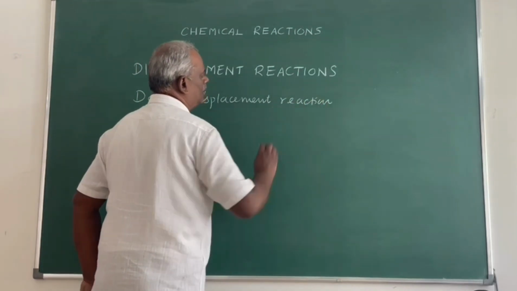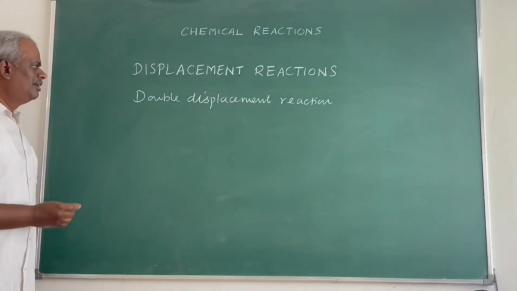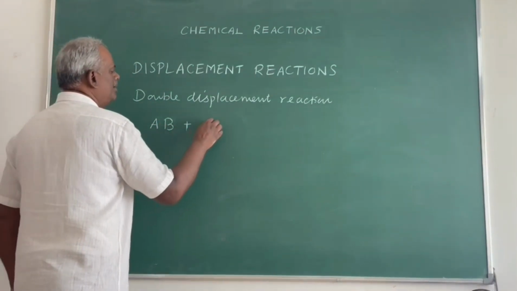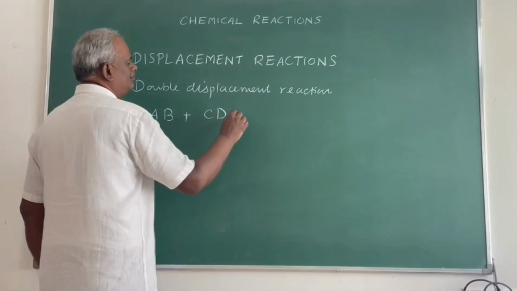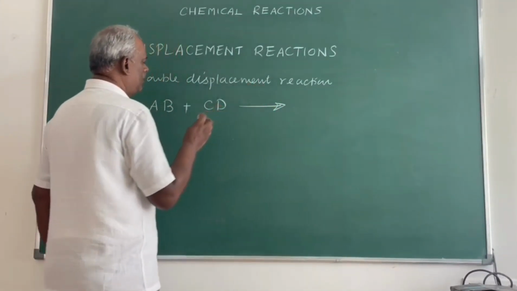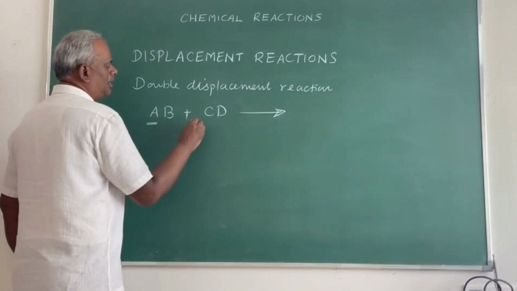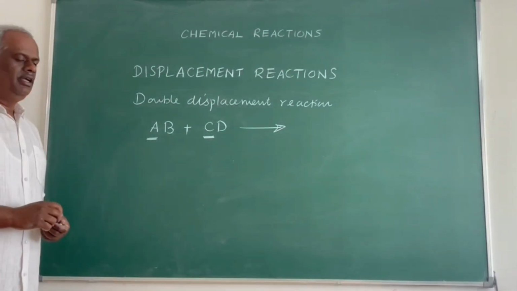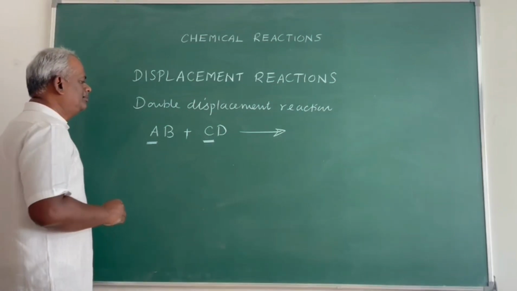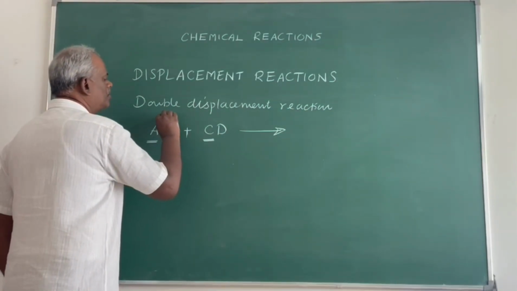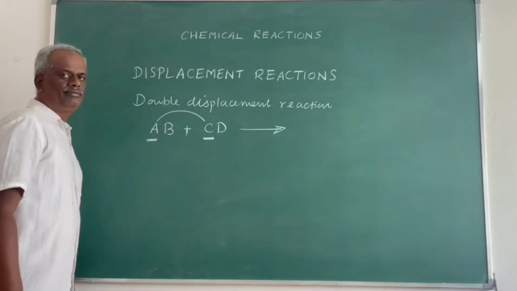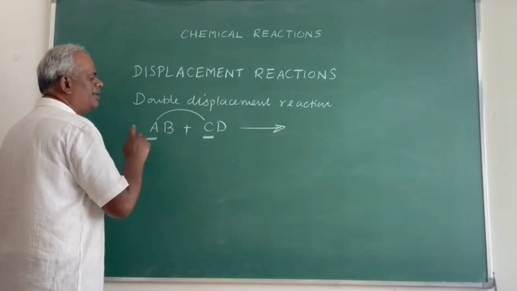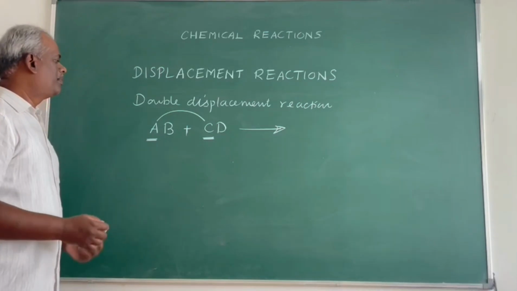Double displacement reaction. What will be the general format? Consider there are two substances, AB and CD. Here the metal part is A, and in this case C is the metal part. In the double displacement reaction, A is going to displace this C. Thus displaced C can combine with B. So what are the products expected?